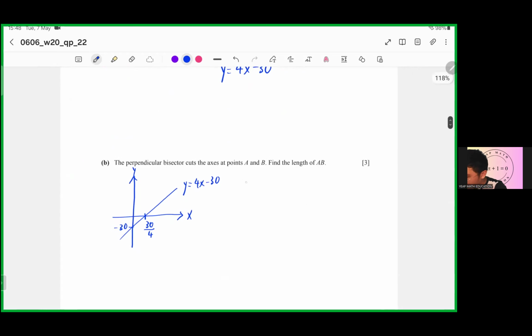Now we can find the length of AB, which equals the square root of (0 − 13/4)² plus (13 − 0)².